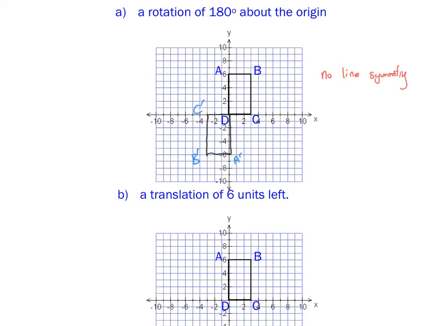But there would be 180 degrees rotational symmetry. If you rotated this object 180 degrees, it would coincide with itself. So no line symmetry, but there is rotational symmetry.